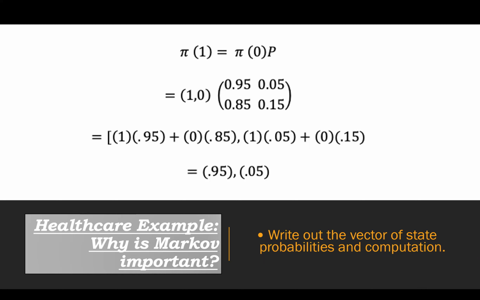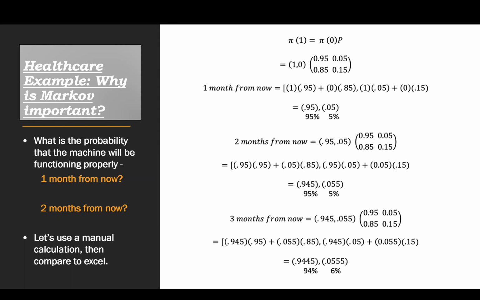And you'll see in 2 months, we're still at 95% that it's going to be working, 5% it's not going to be working. And then just to show you 3 months, same thing: you switch out the vector of state probabilities you used for 2 months with the ending vector of state probabilities for 2 months.